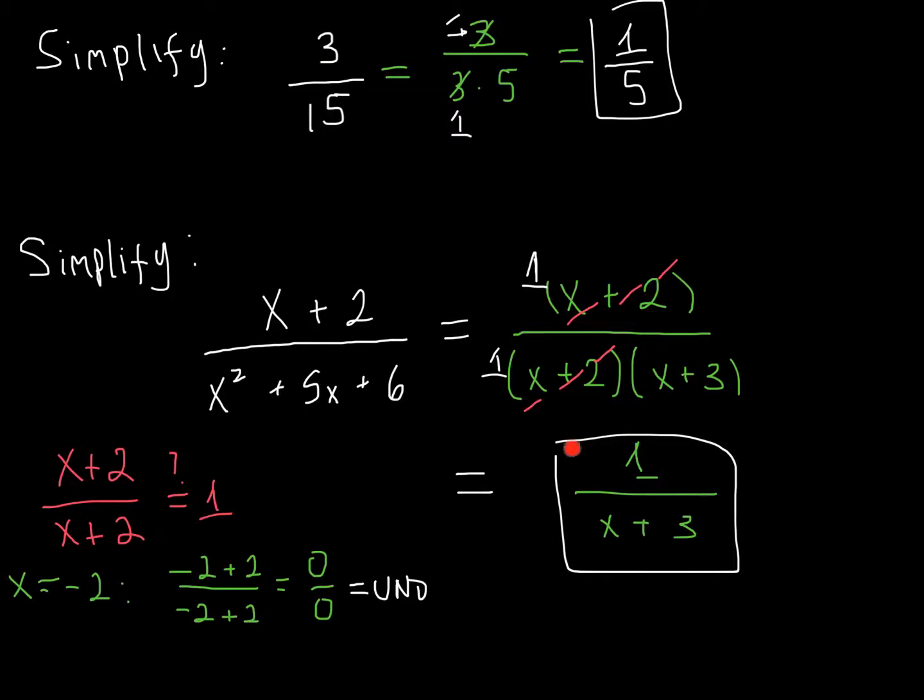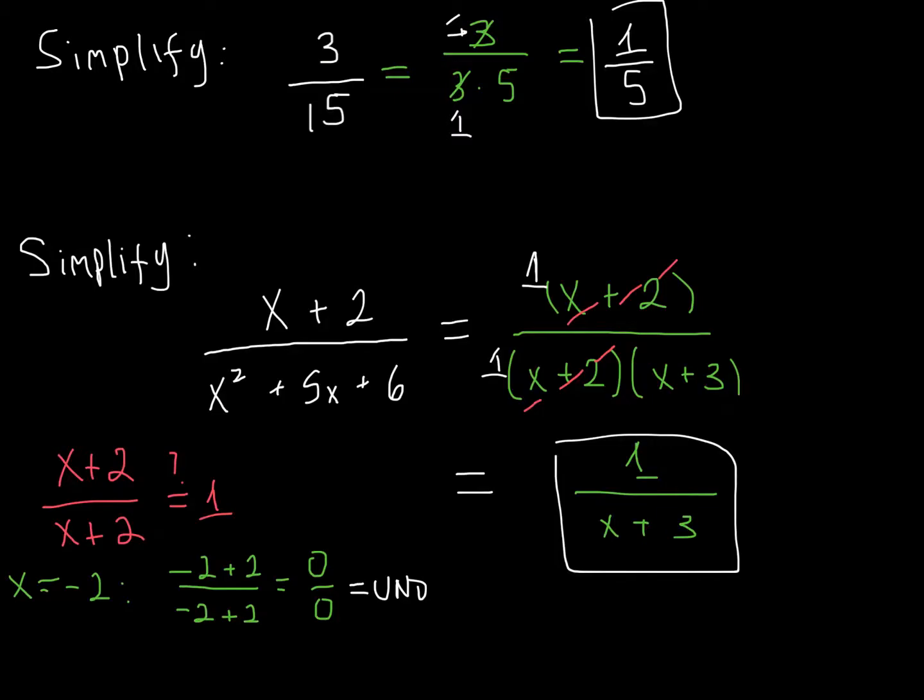So it's incorrect to say that (x + 2)/(x² + 5x + 6) simplifies to exactly this. Because I'm just assuming that (x + 2)/(x + 2) is always 1 over 1. And that's not true, because what is the value that I must exclude so that I don't end up with an undefined value?